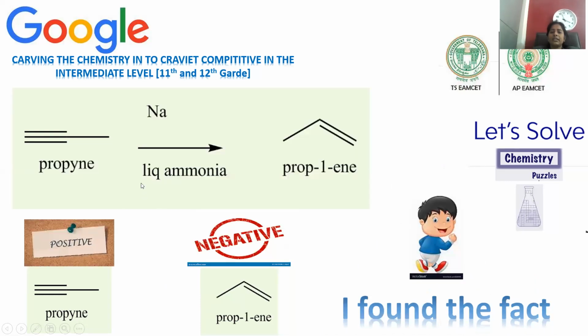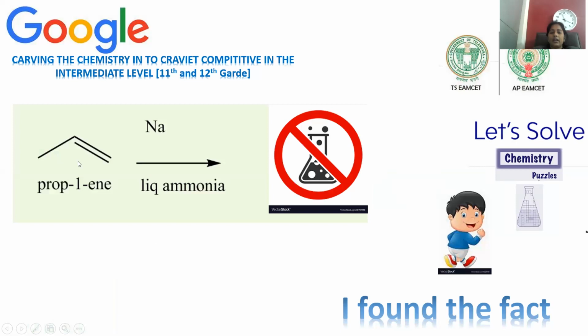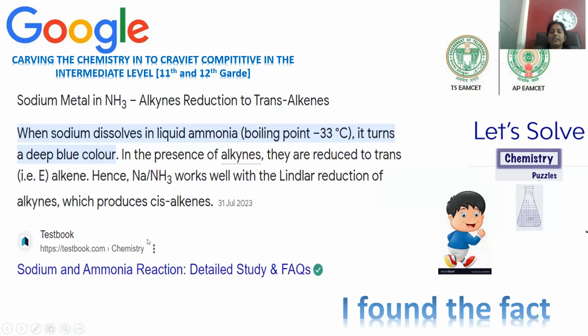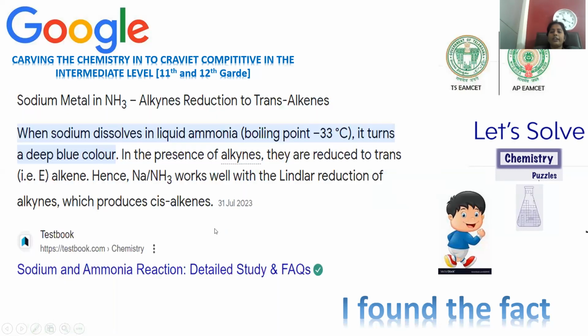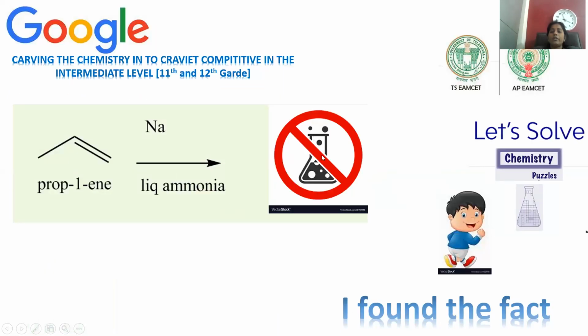But there is a reagent called sodium in liquid ammonia. Whenever propyne is treated with sodium in liquid ammonia, I get one propene formed. But I take propene and treat it with sodium in liquid ammonia, there is no reaction; the reaction may not be feasible. One is reacting specifically, converted into a double bonded compound, but the other will not react.